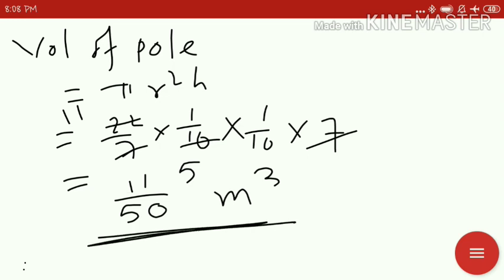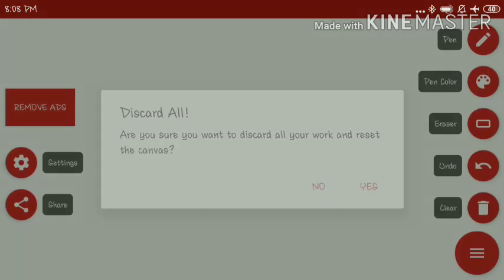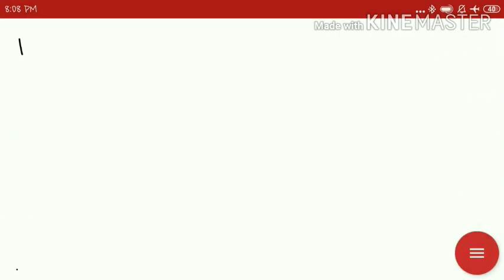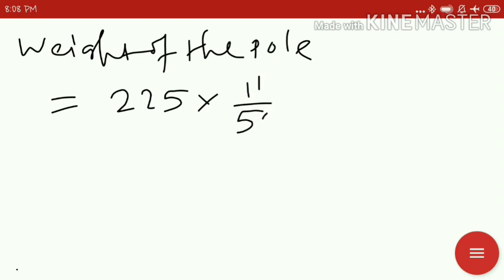Now we are going to find out the weight. To find the weight, it is given that 225 kilogram per meter cube. So 1 meter cube weighs 225 kilogram. Now the volume is 11 by 50. So 11 by 50 means how much of the weight? So the weight of the pole: 1 meter cube was 225, and we have got here 11 by 50.